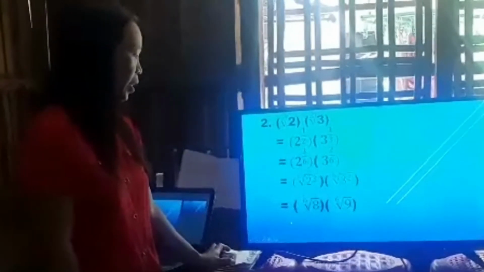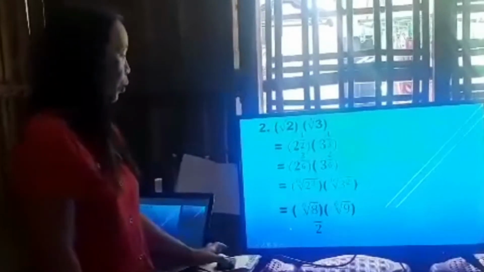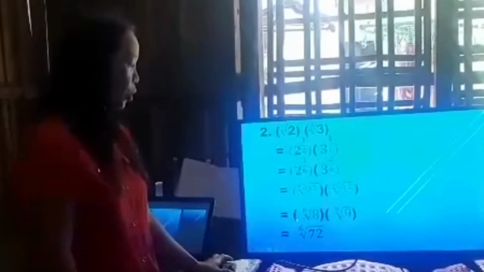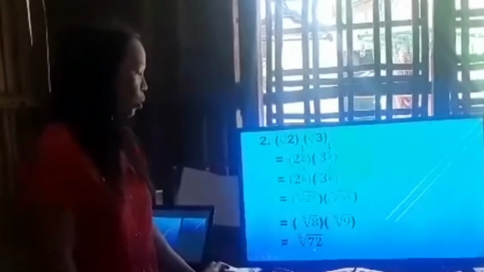So the 6th root of 8 times the 6th root of 9 is equal to the 6th root of 72.